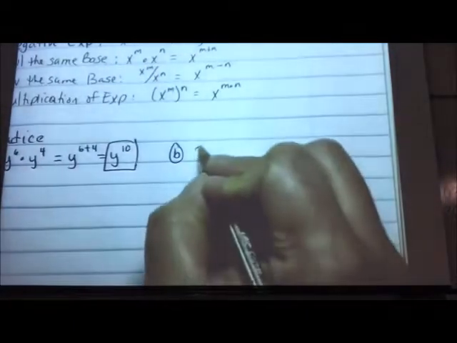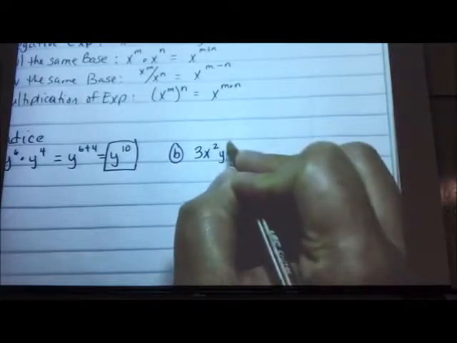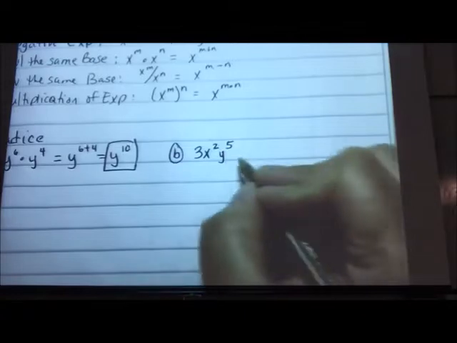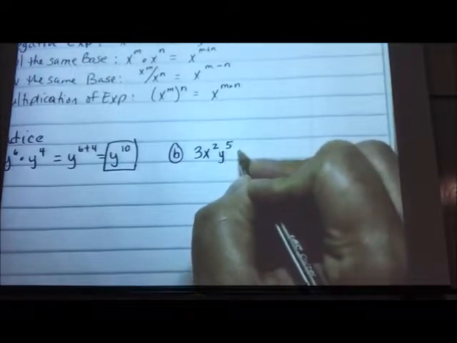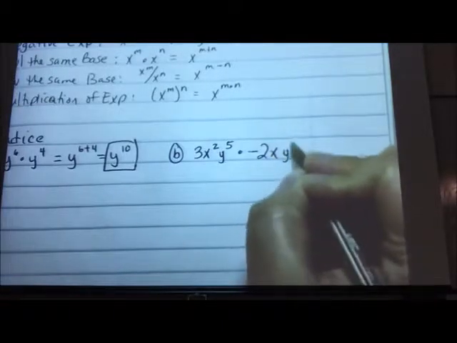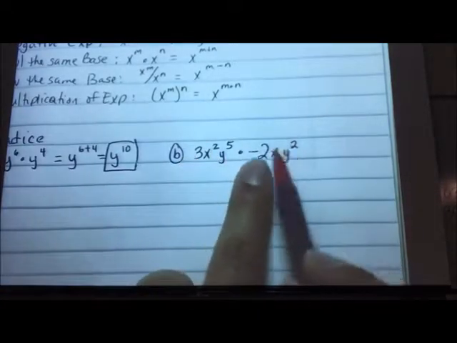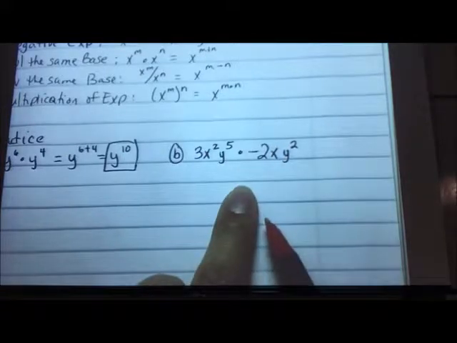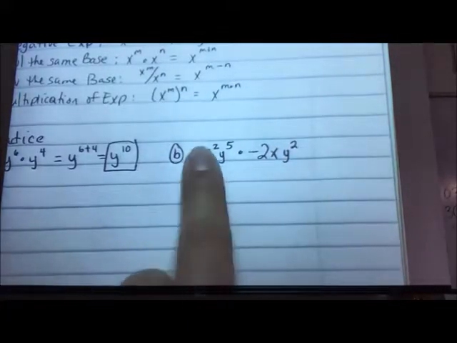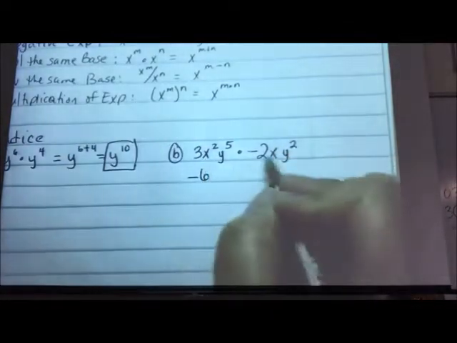Let's see another problem. Let's say we had 3x squared y to the 5th times negative 2x y squared. So if we see we're multiplying this front part times the second one, we end up multiplying the 3 and the negative 2, and we have to add the exponents.